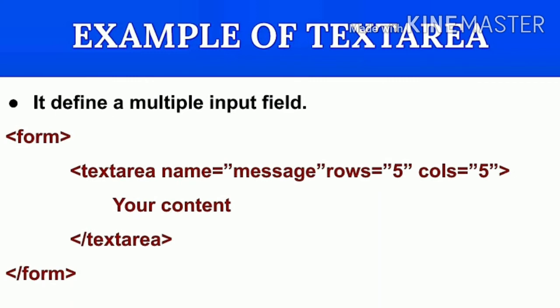So in that message box you can write a long message, rather than using the input type text. So this is the main difference between the input type text and the text area. According to the requirement, you can use the input type or the text area in your form.